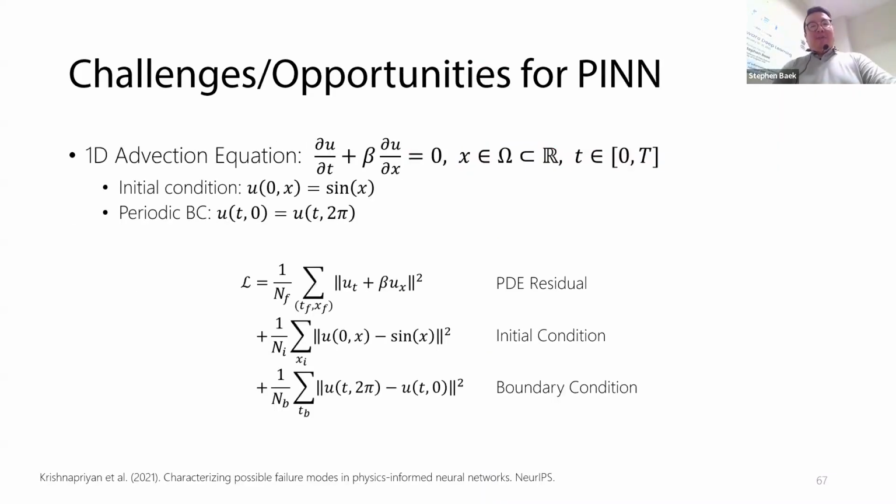But like I mentioned, there are a lot of challenges and also research opportunities. The original formulation of Raissi et al. especially is not particularly useful for many reasons. And there is a lot of research going on to improve PINN and make things better.